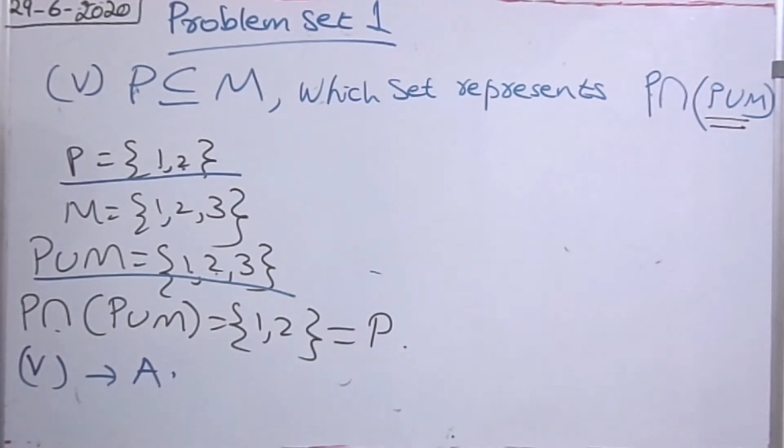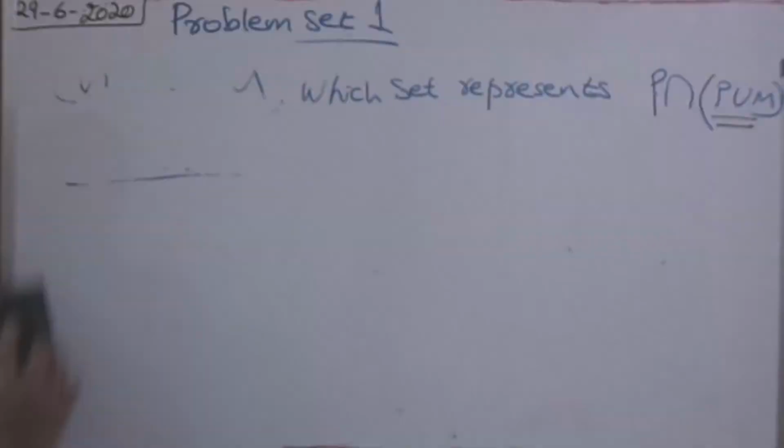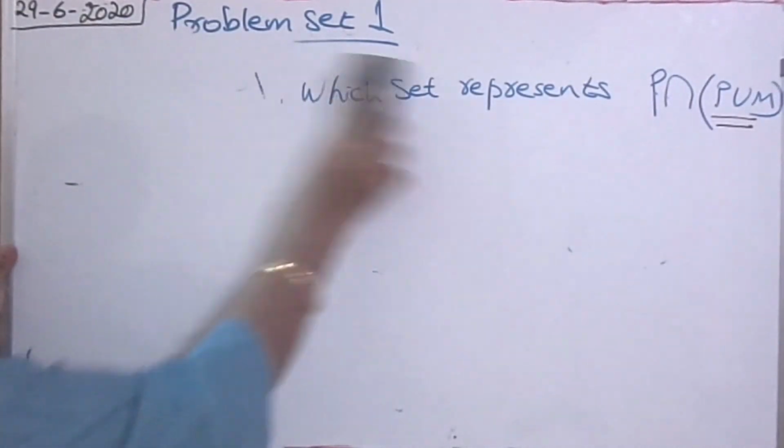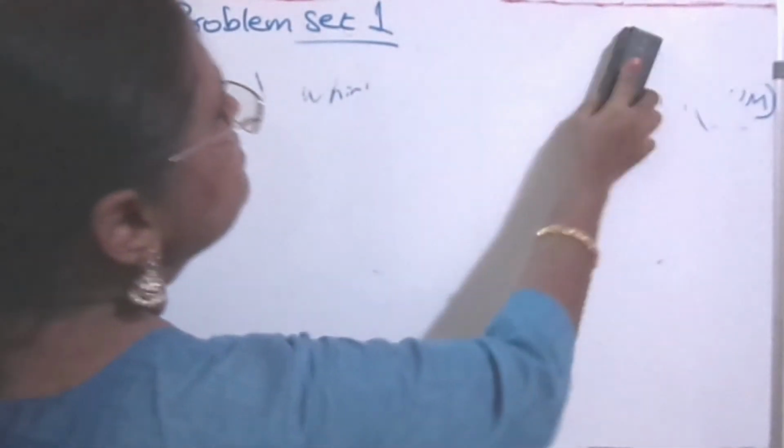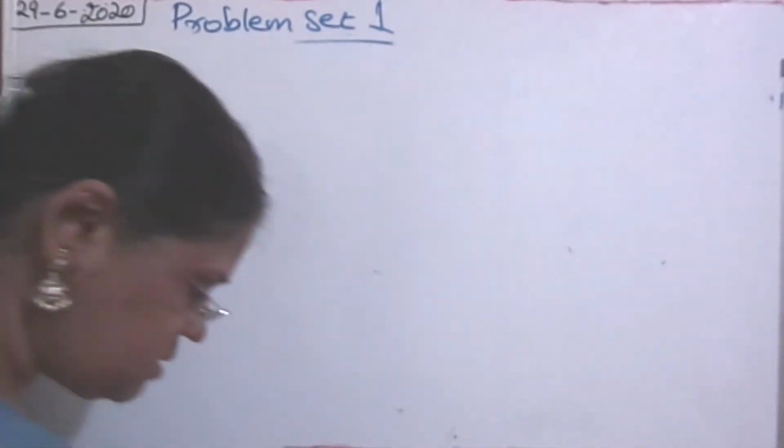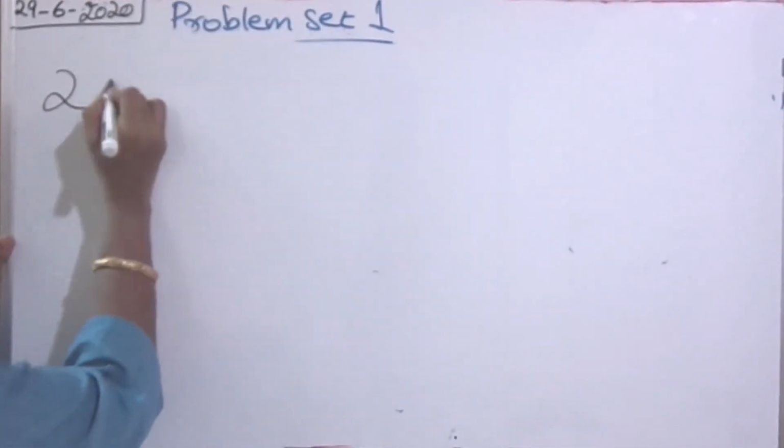Okay. So now the next union and intersection sum is question number 2, 2. The remaining sums I will be doing afterwards. Question number 2, second.